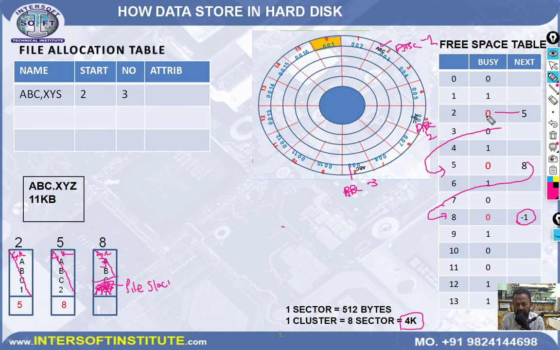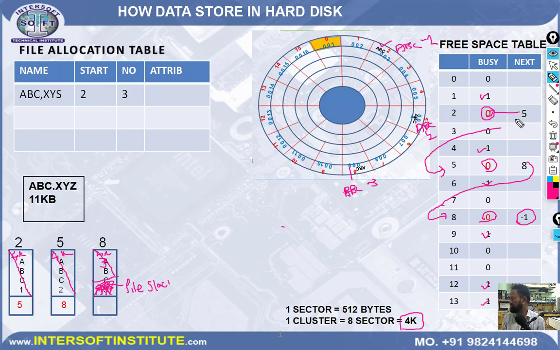So these are occupied, marked as 0, 0 and 0. When I write anything else, these will not be used. Whatever is 1 is empty, and 0 means filled. So wherever there is a 1, we can store other data. Here it is 0, 0, 0, so these clusters are busy.